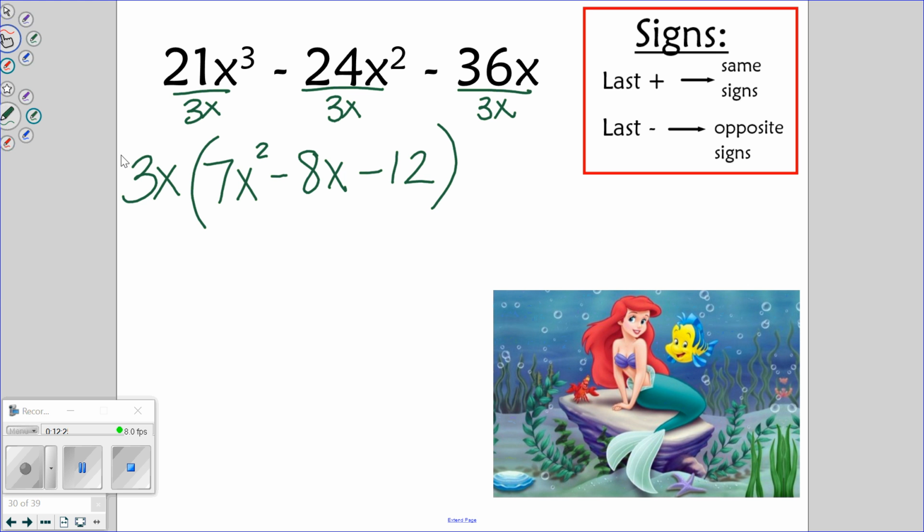But I want to talk about something else. Everything that we are factoring, and I need you guys to recognize this, is in the form ax squared plus bx plus c, meaning I have something with an x squared, then an x, then a number, right? So the way this original problem sits, you see how it's x cubed?